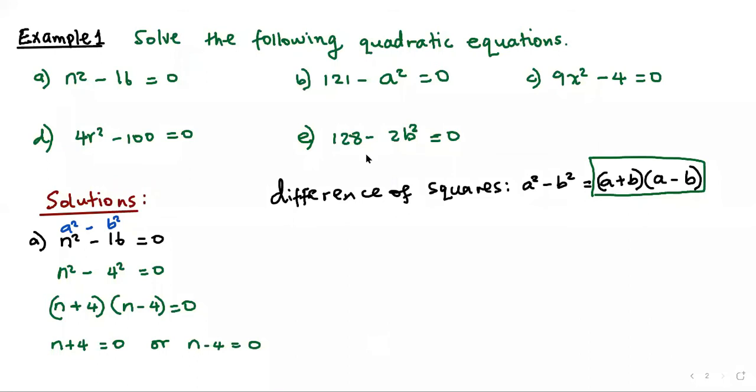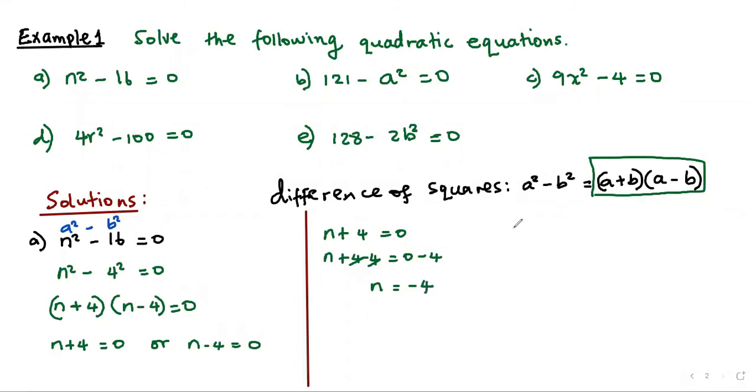So if n plus 4 equals 0, then we have n plus 4 minus 4 equals 0 minus 4. And this is 0. So n is equal to -4.